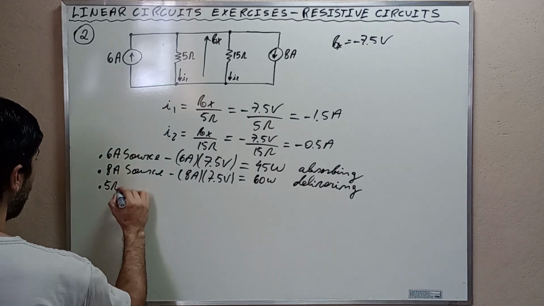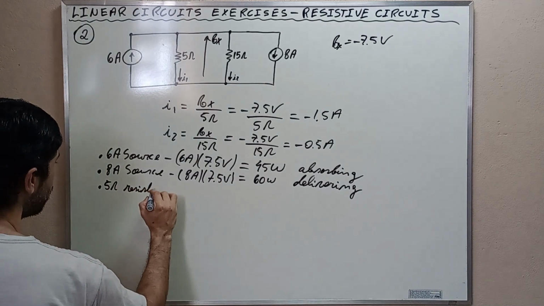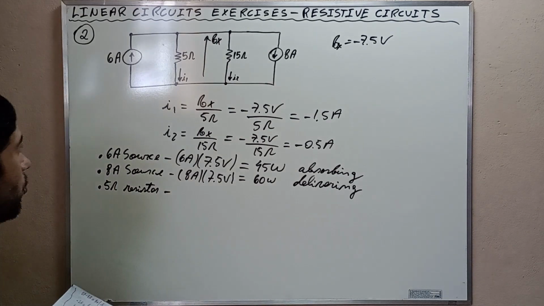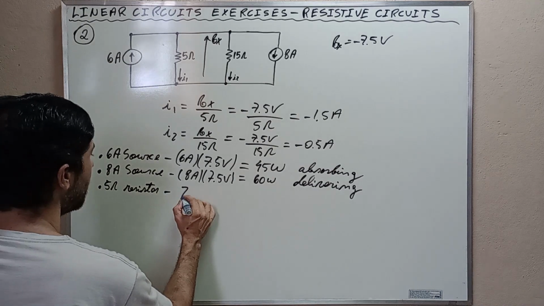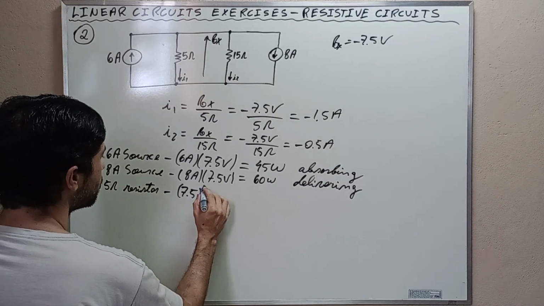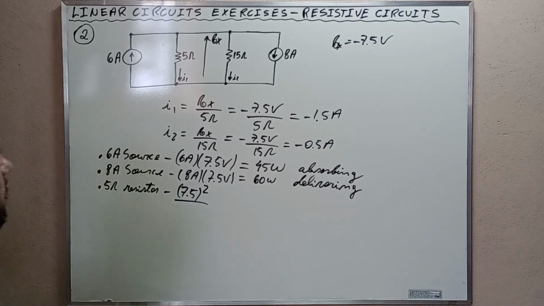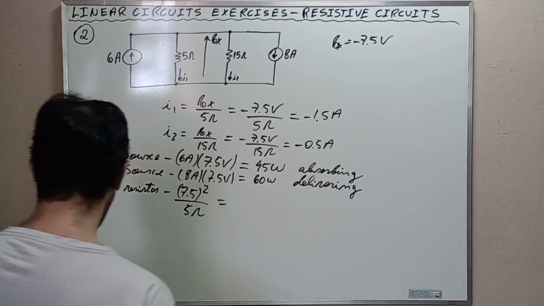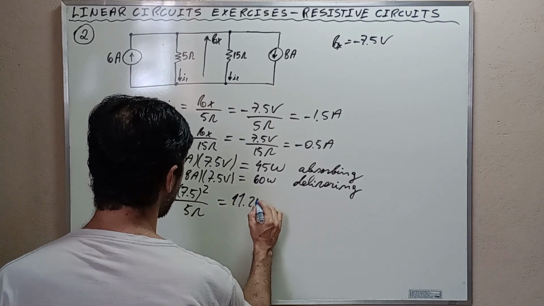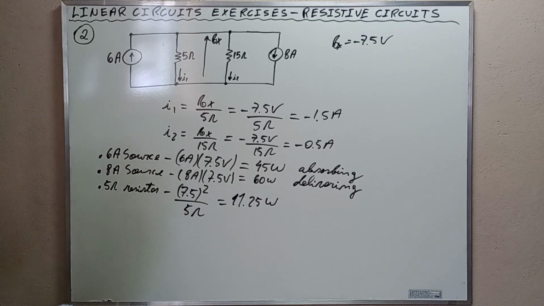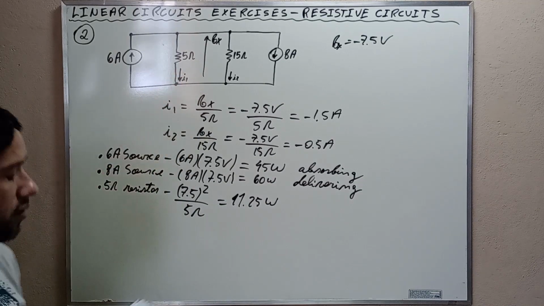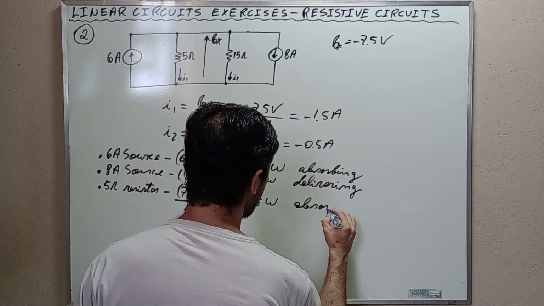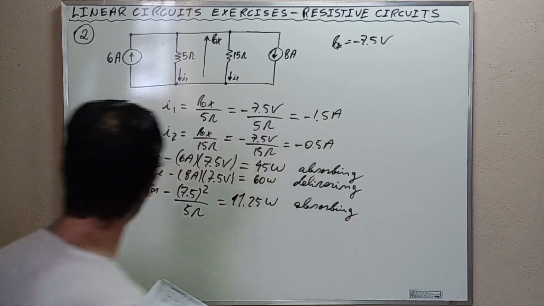The 5 ohm resistor, the power is going to be the voltage squared, 7.5 squared, divided by the resistance of the resistor, which is 5 ohms, and this is equal to 11.25 watts. And obviously, as a passive element, a resistor is absorbing energy.